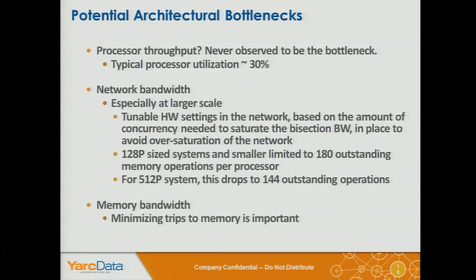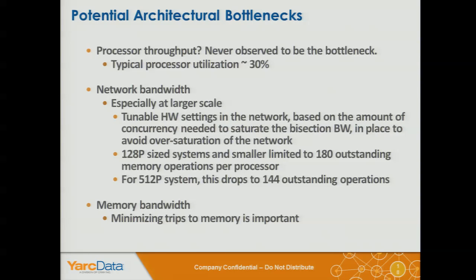Now, potential architectural bottlenecks. Typically the processor utilization is high and processor throughput is not the problem. As I say, it's turning a latency-bound problem into a bandwidth-bound problem. Network bandwidth is the most precious resource.